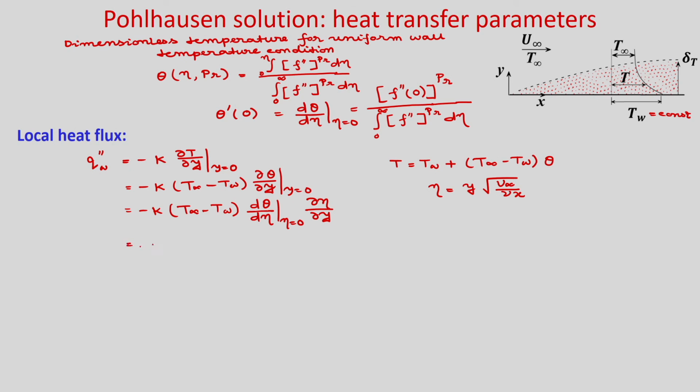So, you can write minus k (T infinity minus Tw) root of u infinity by nu x theta prime 0. The minus you can take inside, so you can write k (Tw minus T infinity) root of u infinity by nu x theta prime 0. So, we have found the local heat flux.